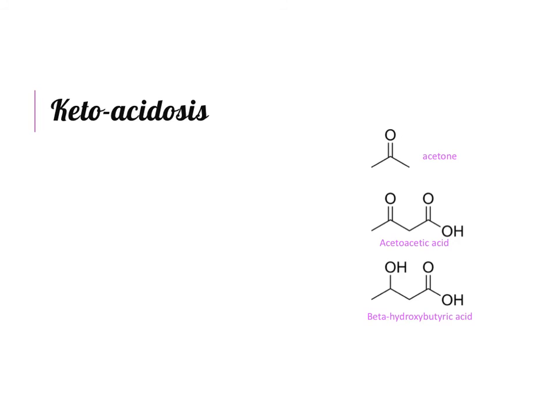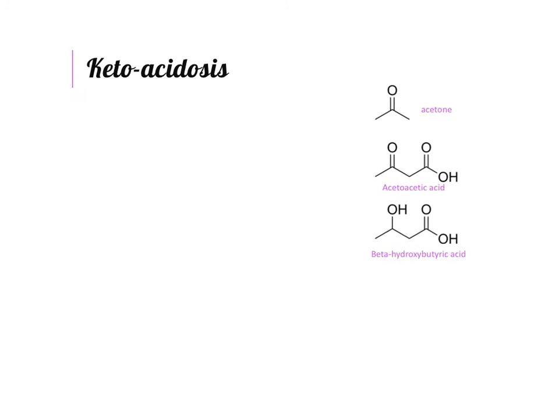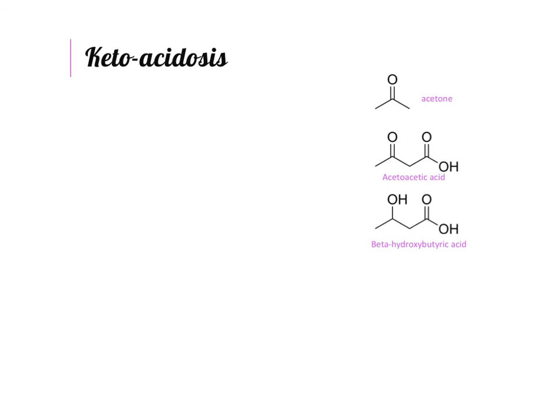Okay, so this leads to ketoacidosis. So what happens if you go a really long time without being able to break down sugar, which is what diabetes is, or you just don't eat sugar and you're only relying on lipids for ATP synthesis?